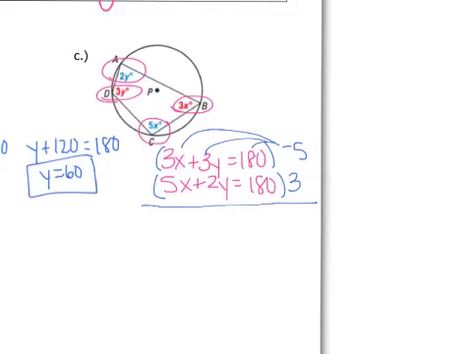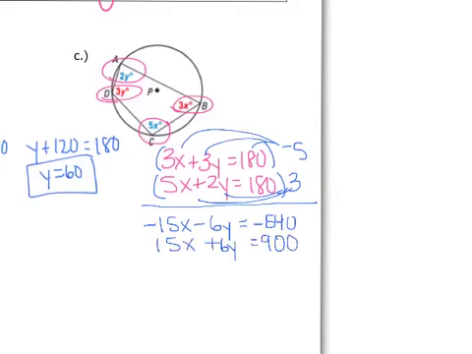We'll distribute that -5 through. Make sure you also multiply it by the 180, and we'll distribute the 3 through. At this point, we can add our two equations and notice the x's drop out.